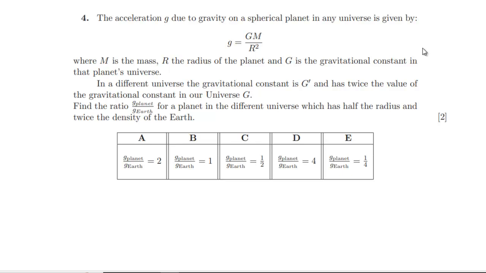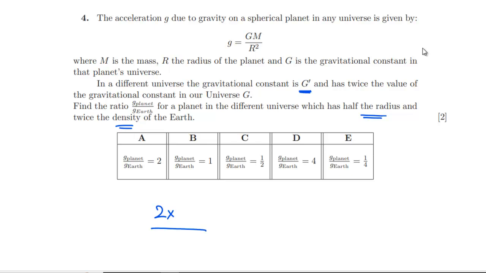Acceleration g due to gravity on a spherical planet, any universe, fine, with all the usual things. So we go to a different universe. They've doubled big G. Then they've halved the radius and doubled the density. So what has now happened on all of this? So we've got a 2 times for G at the top. The mass would have gone up by, well, they've halved the radius and doubled the density.